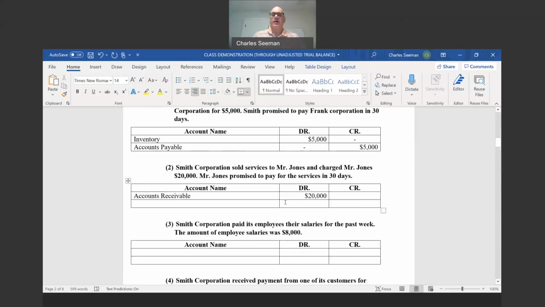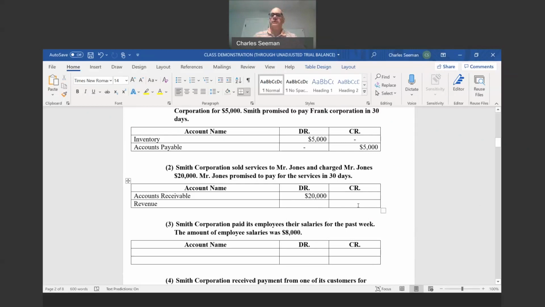All assets are on the left side of the accounting equation. The customer went up with this. Mr. Jones now owes me $20,000. He didn't owe me before, so that went up. Anything on the left side of the accounting equation is debited to increase and credited to decrease. What do I do for the money, why does Mr. Jones owe me?